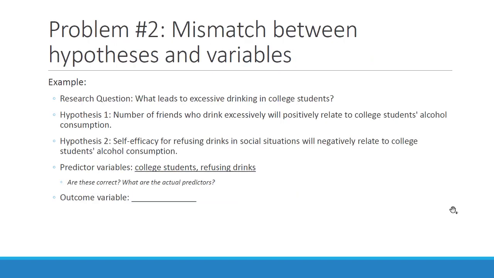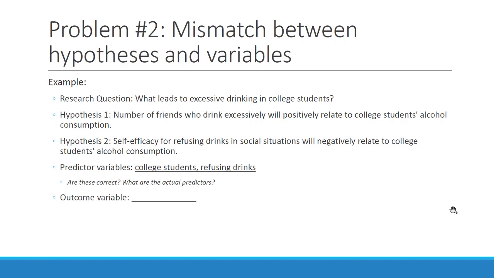So I have listed some predictor variables in this next problem number 2, which is a mismatch between hypotheses and variables. So let's talk through what those predictor variables could be, and then we'll talk through the specific problem here. So the predictors could be number of friends who drink excessively, and self-efficacy for refusing drinks in social situations.